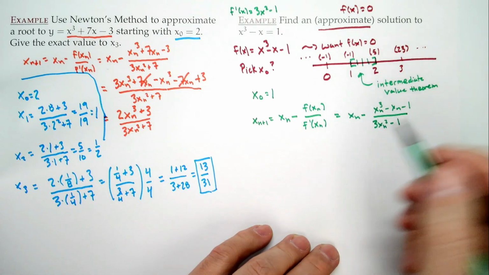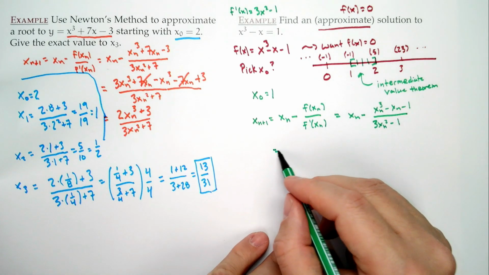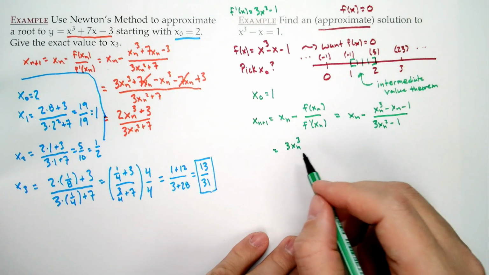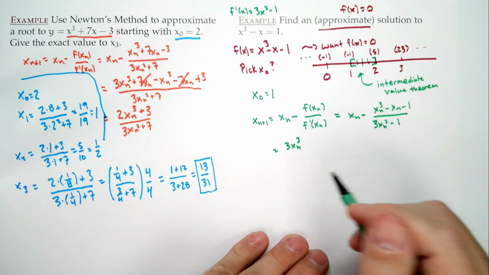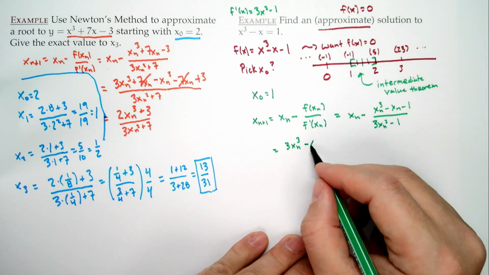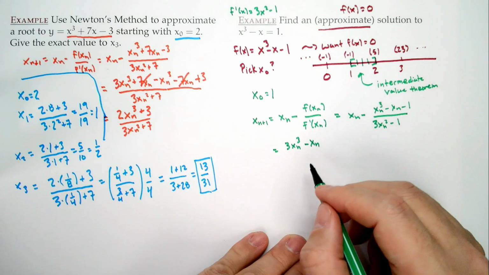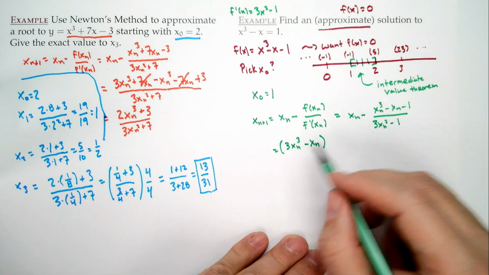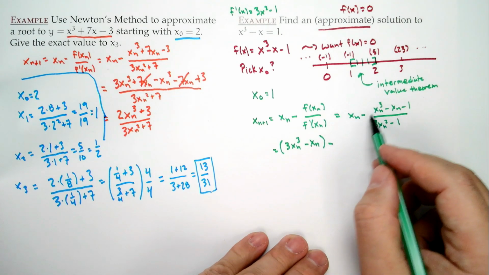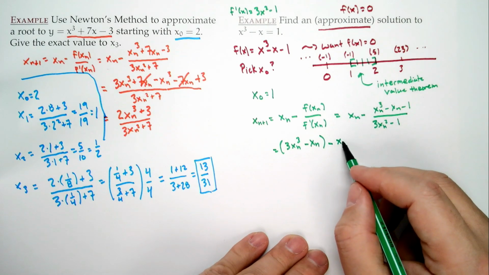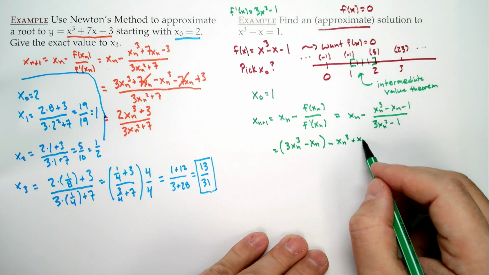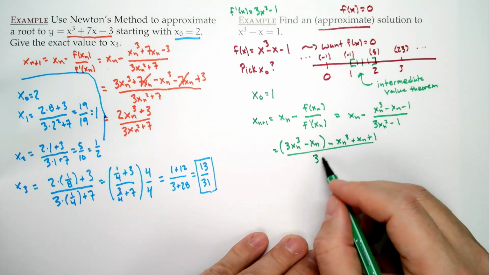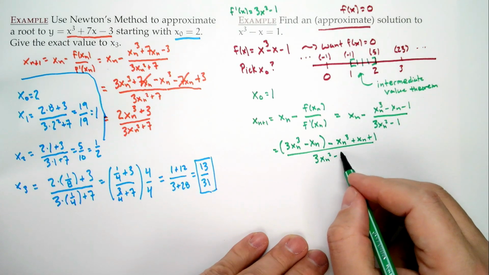Now, if we clean it up like we did before, might as well, if we're thinking that we're going to do one or more than one term, if we're only doing one term, there's not much use to cleaning it up, but maybe we'll do 2. Let's hope. All right, so 3xn cubed minus xn, and then we're going to subtract, and remember this subtraction will distribute through, xn cubed plus xn plus 1. All divided by 3xn squared minus 1.